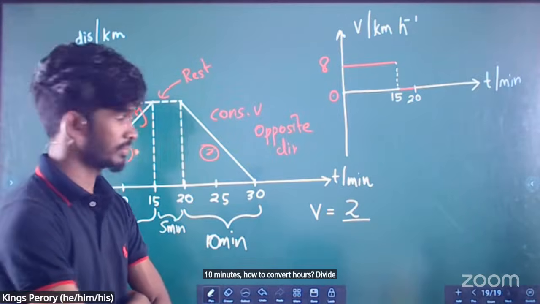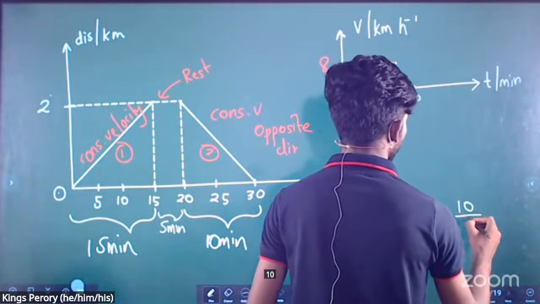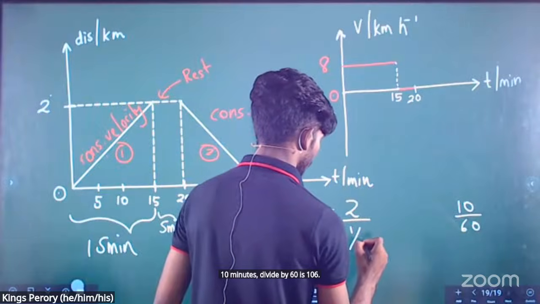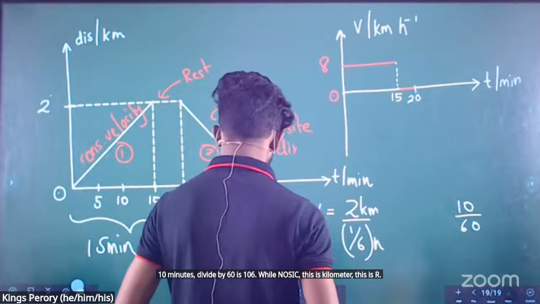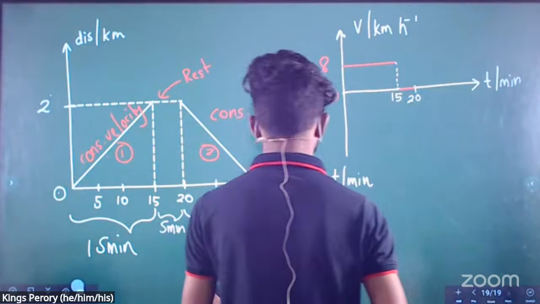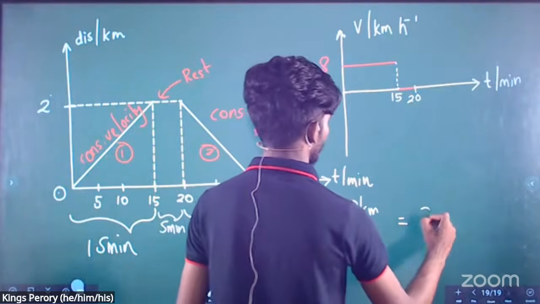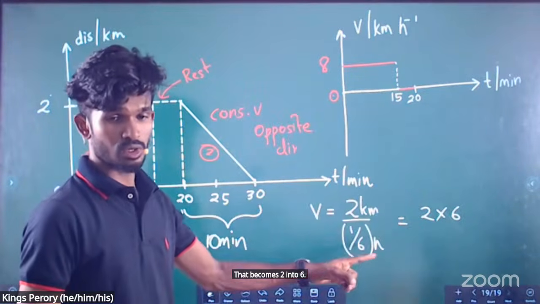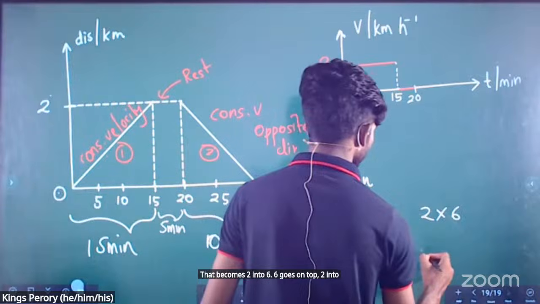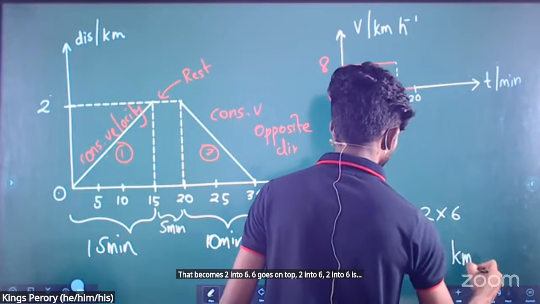Divide by 60. 10 minutes divided by 60 is 1/6. This is kilometer. This is hour. That becomes 2 into 6. 6 goes on top. 2 into 6 is 12 kilometer per hour.